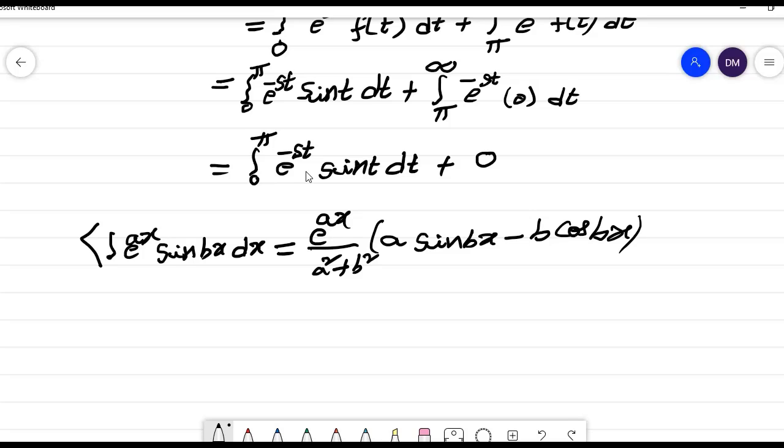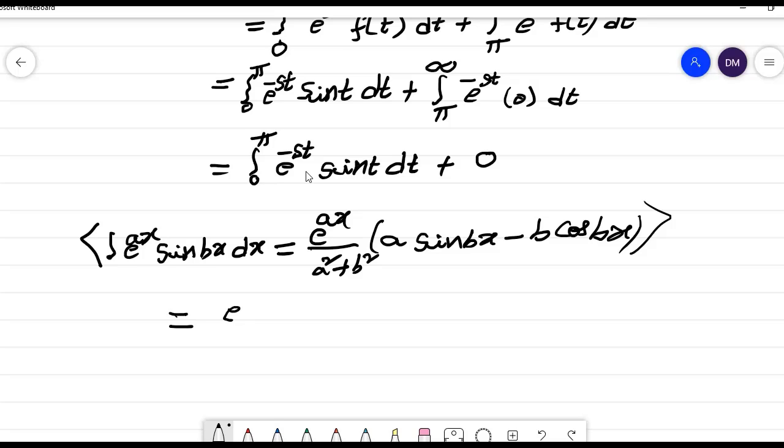By using this formula we can find the value of this integral. In place of a we have minus s, in place of x we have t, and in place of b we have 1.